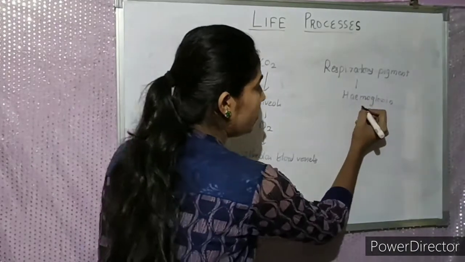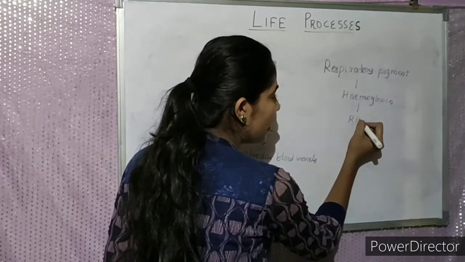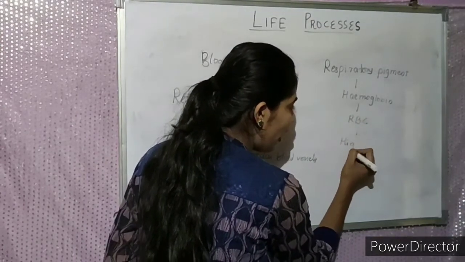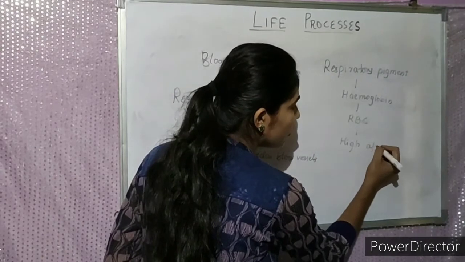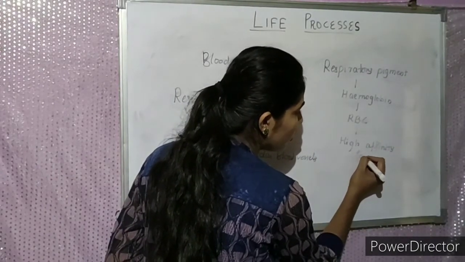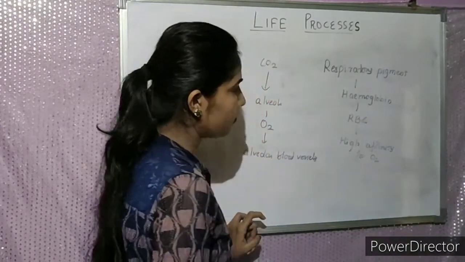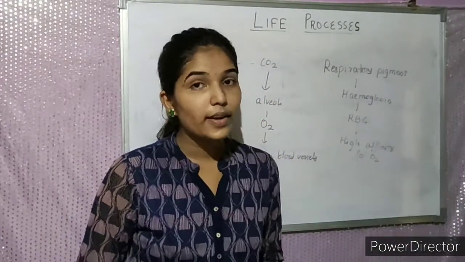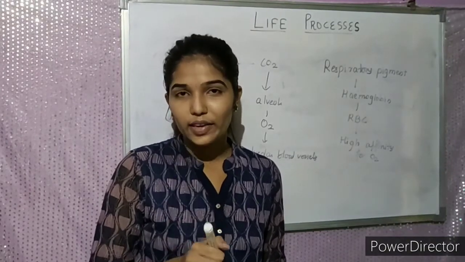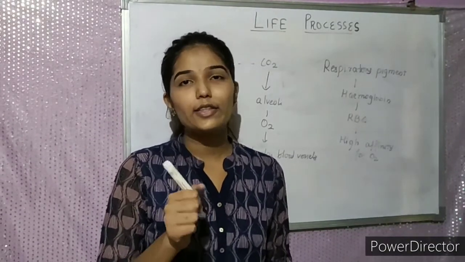And this hemoglobin is present in red blood cells, which have high affinity for oxygen. Okay. Now carbon dioxide is more soluble than oxygen. So the carbon dioxide is always transported in soluble form.